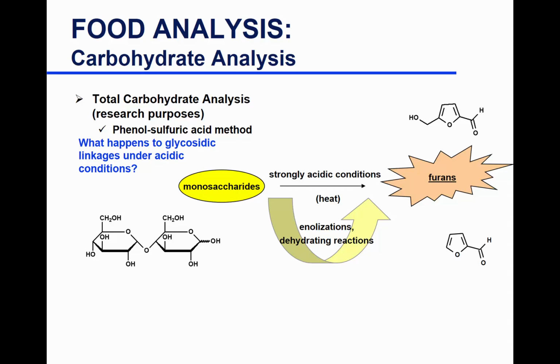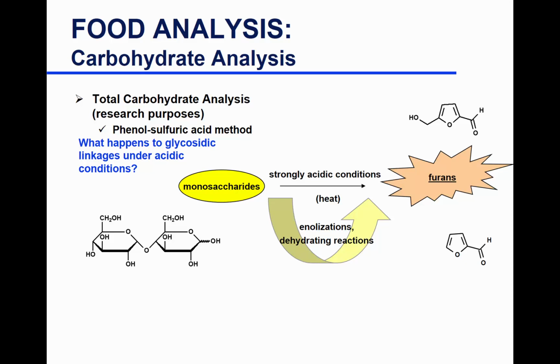Okay. So the monosaccharides are still there in your tube, and you still have a strong acid, and you still have heat that is generated from putting the acid with the food. It's an exothermic reaction. And then your monosaccharides are going to go through enolization and dehydration reactions to give you furan substances.